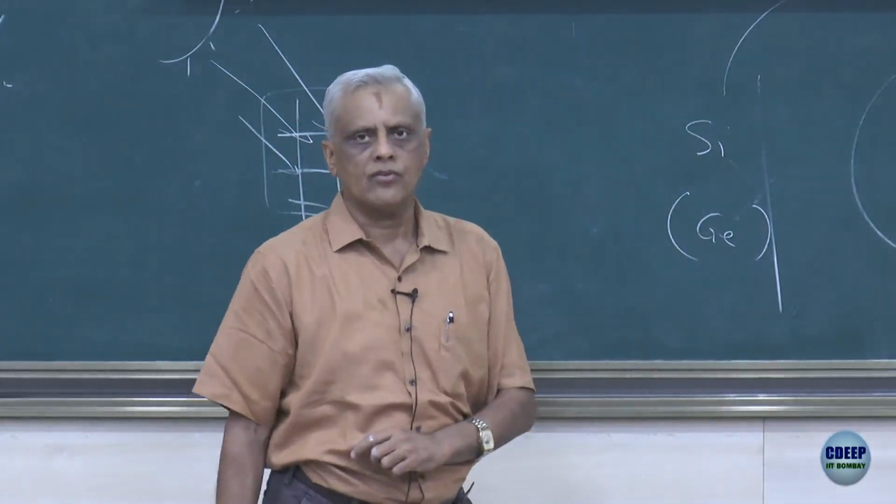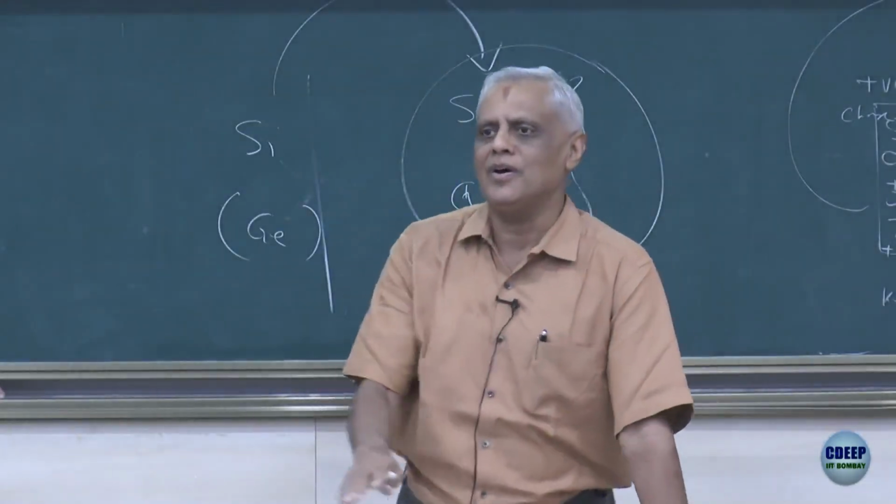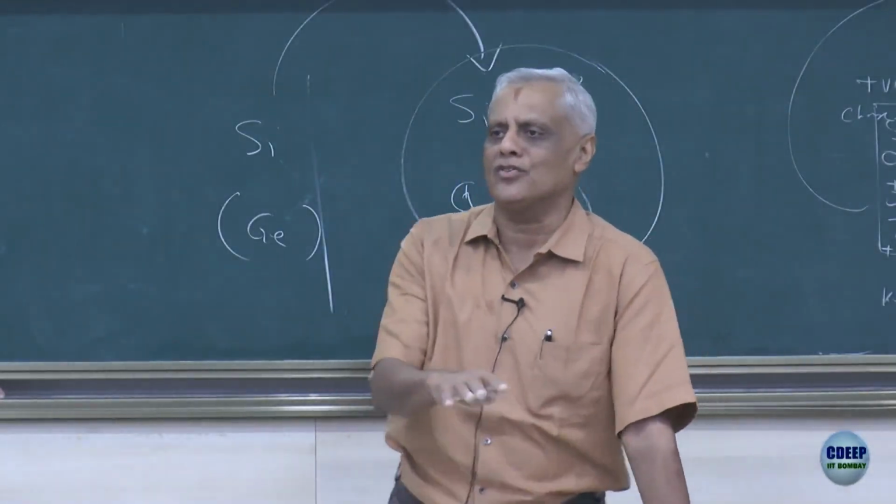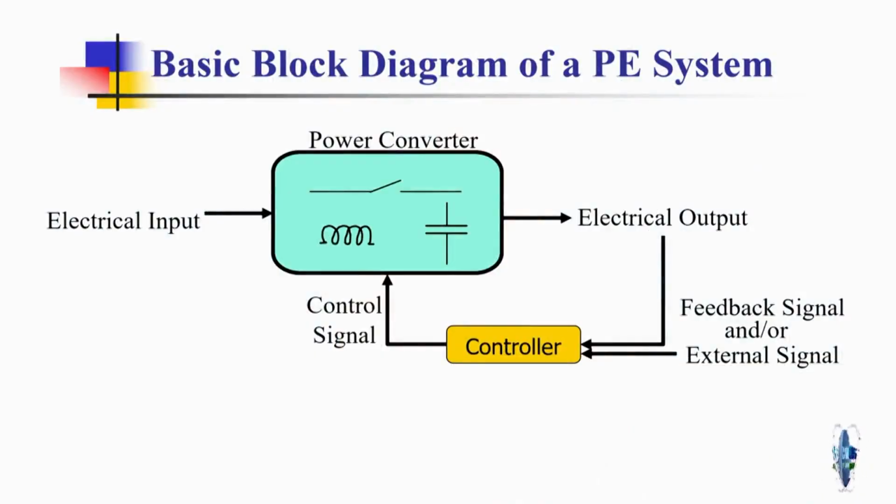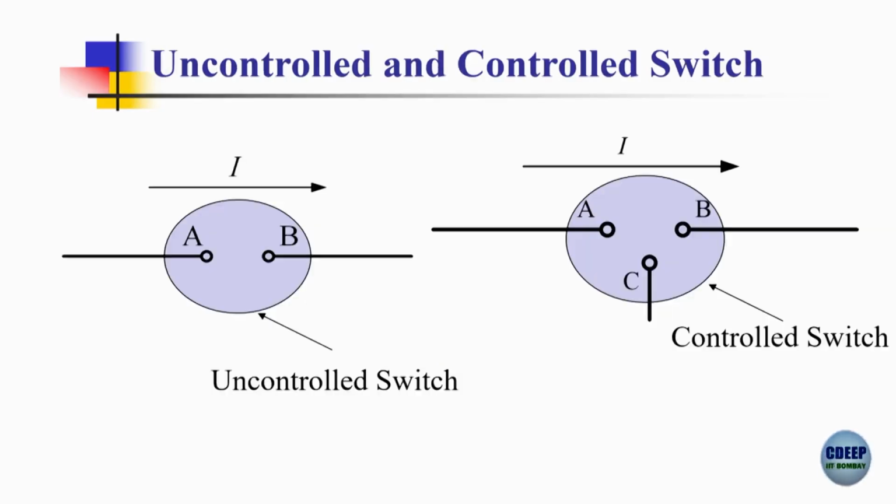This is a general diagram showing any power electronic system in the world. That's what is the idea. There is nothing very big about it, but some basic understanding is required. Now, as I said, we have to prepare ourselves to take on the switches.